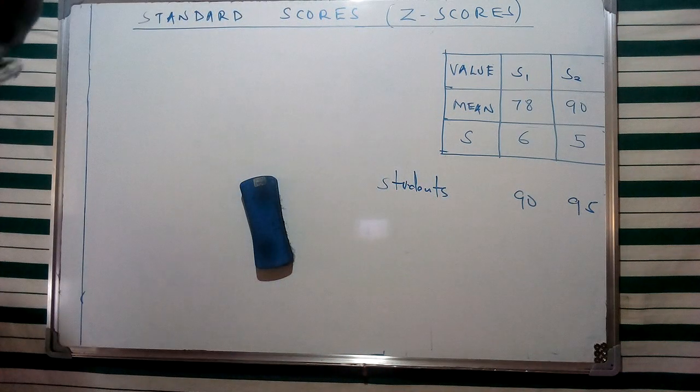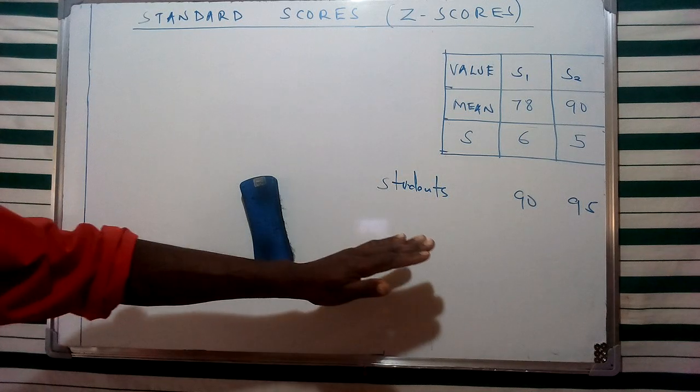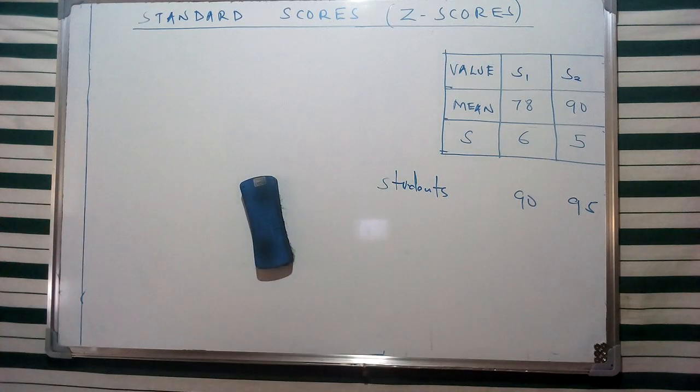So we can of course determine the specific deviation from the mean of these two different scores, and try to see which of the two students scored better than the other, given that set of data.